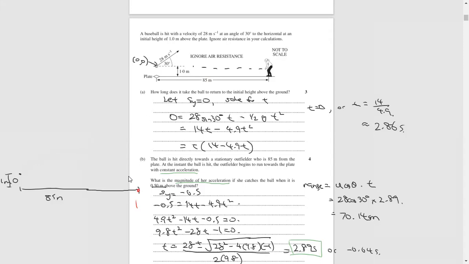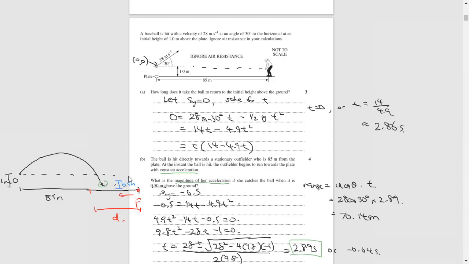So the fielder's starting here, and they're actually running in to catch the ball at some point D. That's what our calculations show. And so that means this ball is actually falling down here. And so the ball is caught here, 0.5 meters above the ground.